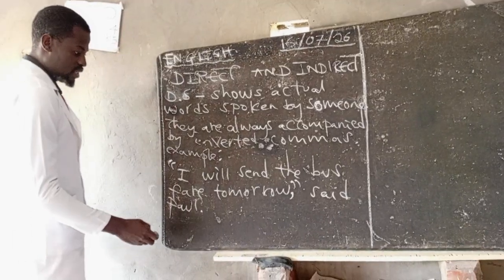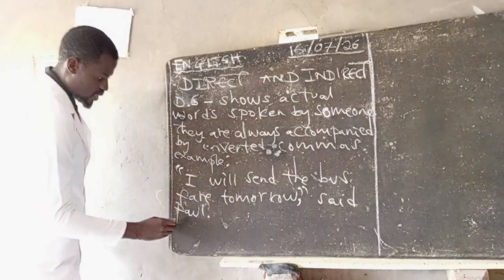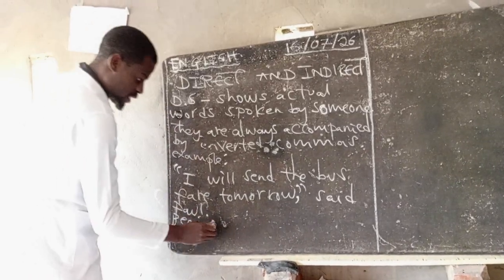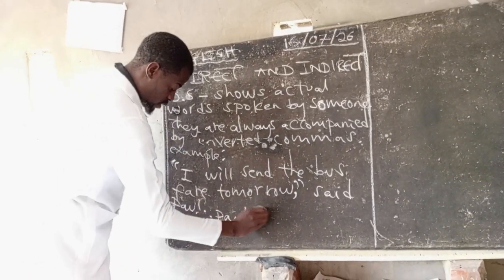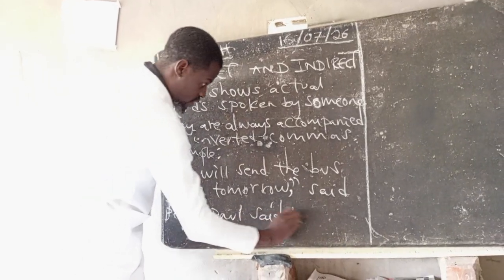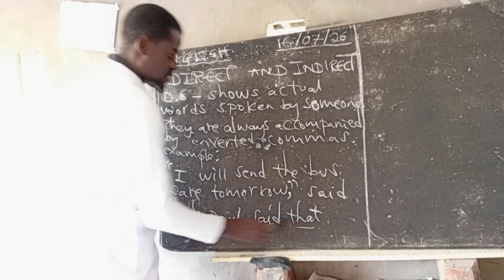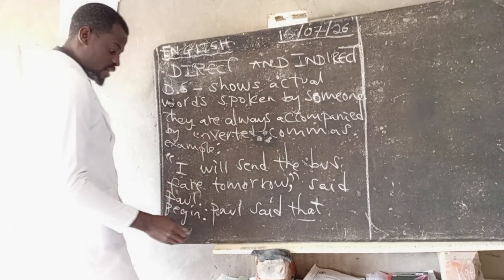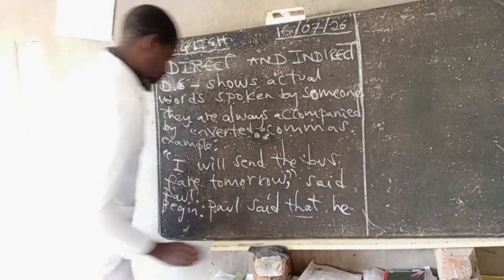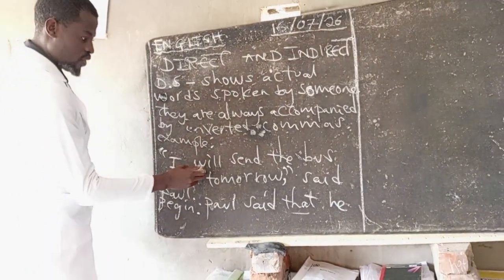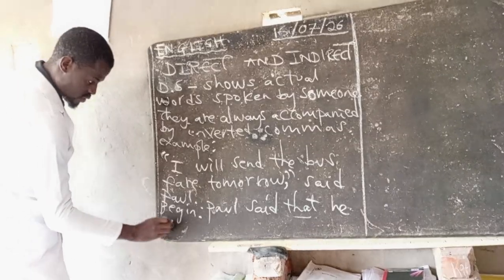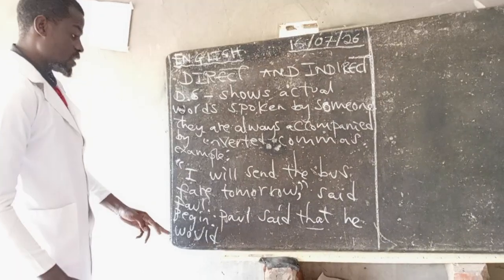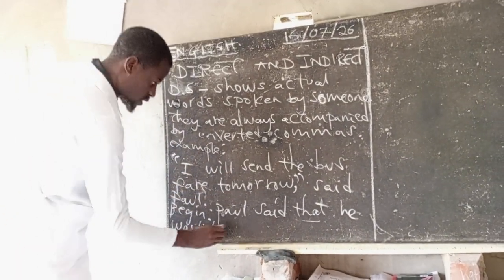So our answer changing to reported speech, or indirect, will start like this: Paul said that, yes, we have to put that. It depends on Paul whether it's masculine or feminine. So Paul said that he would send the bus fare, without using the inverted commas. Take note, this is indirect speech.